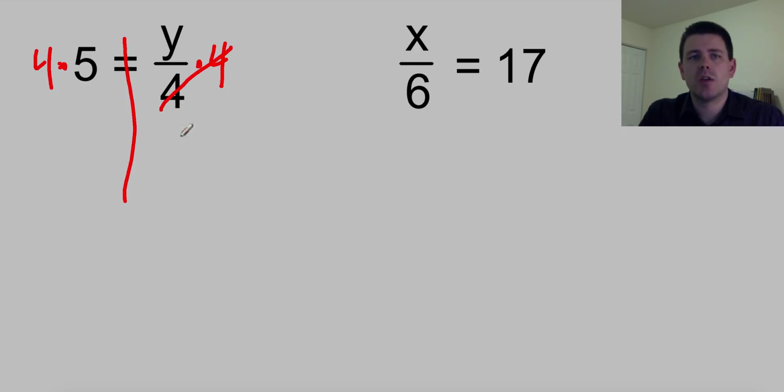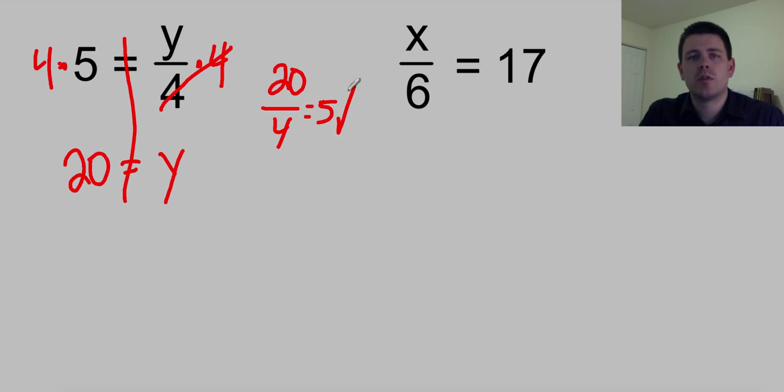They turn into 1, so I'm just left with y. 4 times 5 is 20. So let's see if that's really true. Let's check our answer. Put in 20 in place of y. So 20 divided by 4 is 5. That's what I wanted for my solution. So I know I did it correctly.